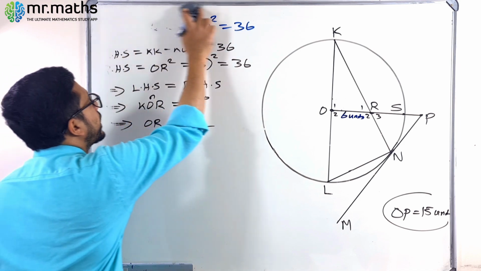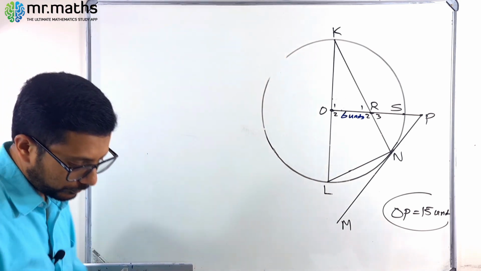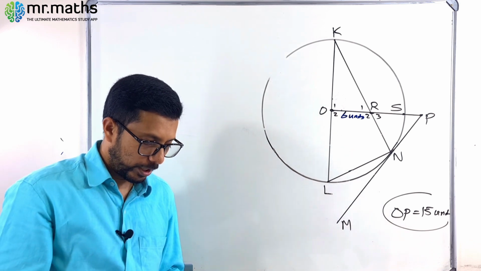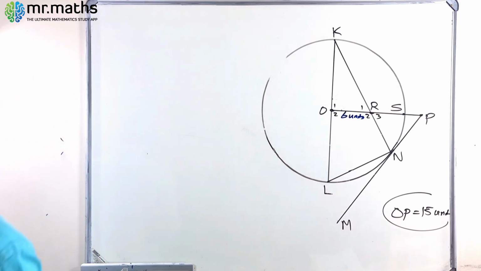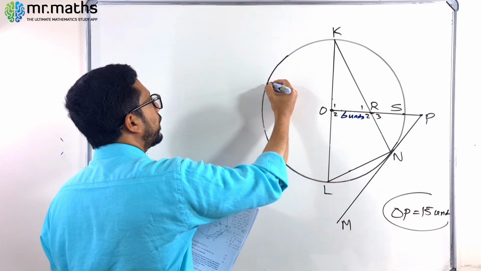Now let's move to the next question, question number 9.2.3. What is question number 9.2.3? Prove that ORNL is a cyclic quadrilateral. You have to prove that ORNL is a cyclic quadrilateral. Which one is ORNL?